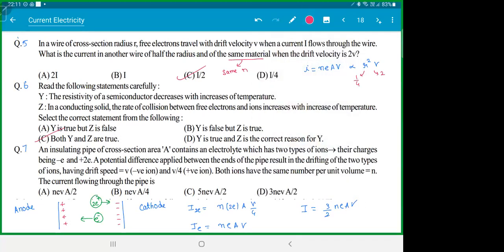You have to add the current, everyone, because the positive and the negative charges will go in the opposite direction. Please check the 7th one. It's a good one.